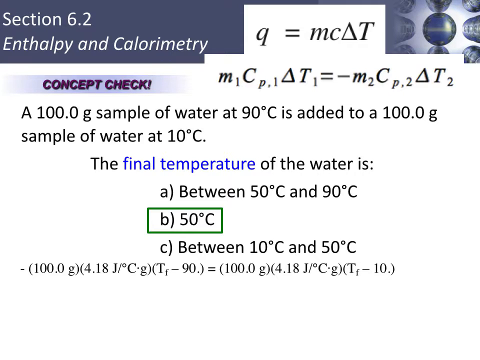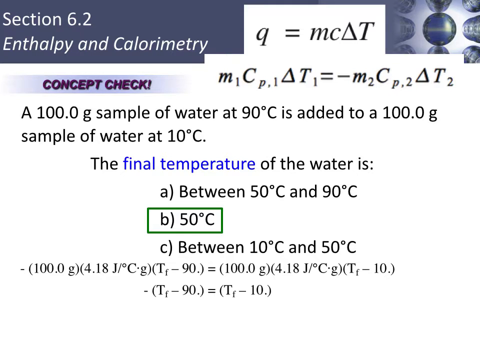That is going to equal 100 grams times the specific heat times whatever that final temperature is minus its initial temperature, which was 10 degrees Celsius. It doesn't really matter which side of this gets the negative sign, just that when you're setting these two things equal to each other, one of them has to have a negative sign because the heat released has to equal the heat absorbed.